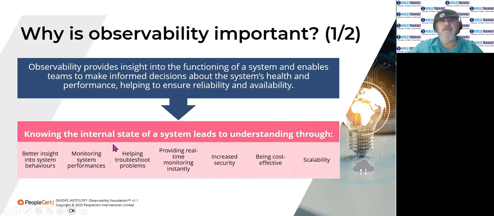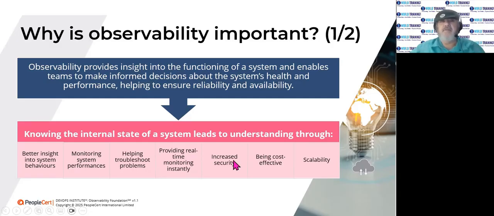So the point is, knowing the internal state of a system can lead to better understanding, so better insights into system behaviors, monitoring system performance. You might not see degradation of performance if you don't have good observability. It can help troubleshoot problems, provide real-time monitoring instantly, rather than having to decode indirectly.